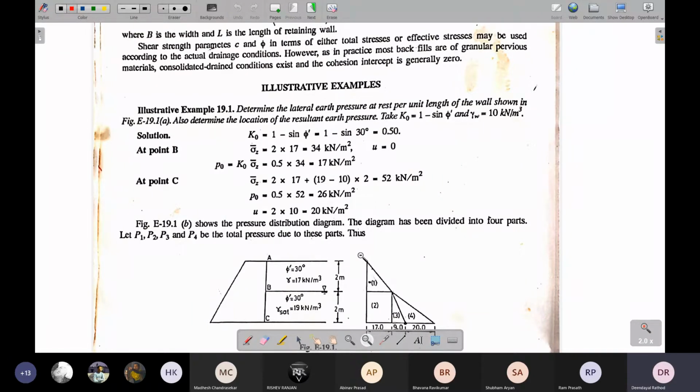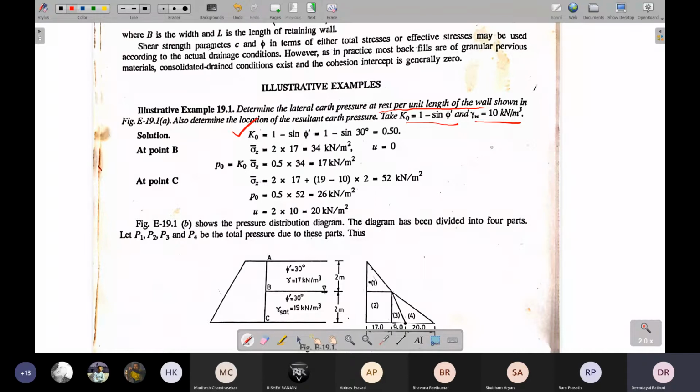So what is the solution here? First, we find out this K naught, 1 minus sin phi.